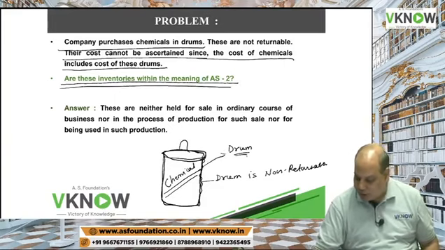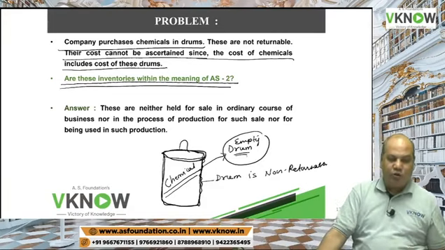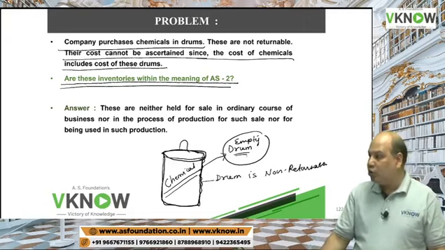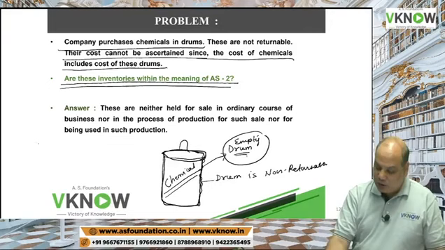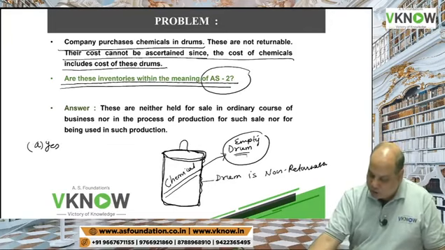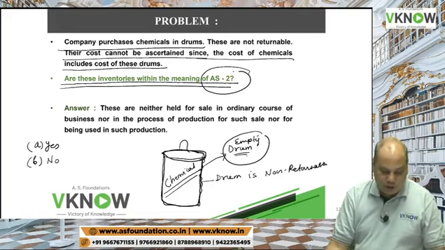So whether this empty drum which remains after the chemical is sold, will you call it as inventory? Option A, yes, within the meaning of AS 2, and option B, no. So let us see how many of you get it right.